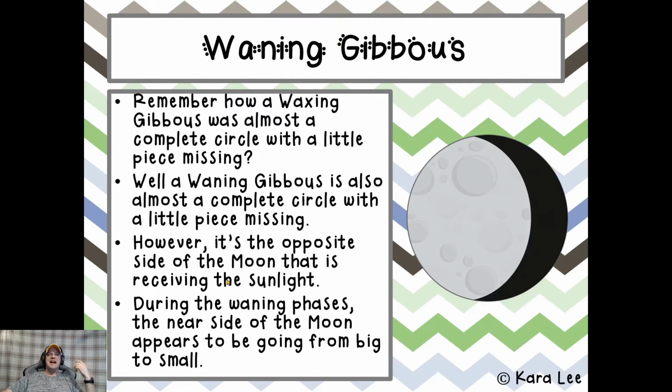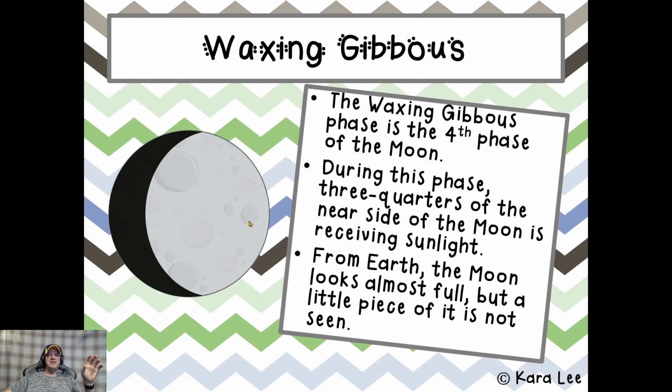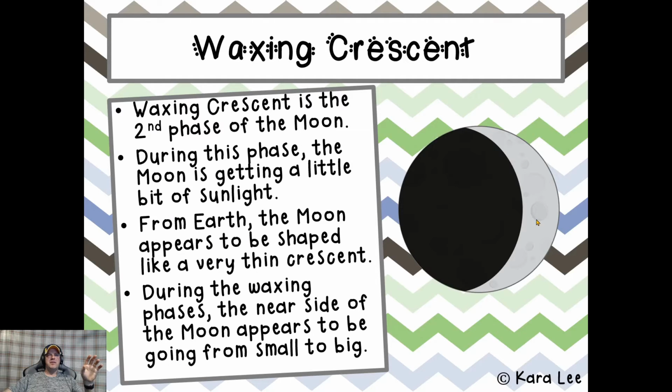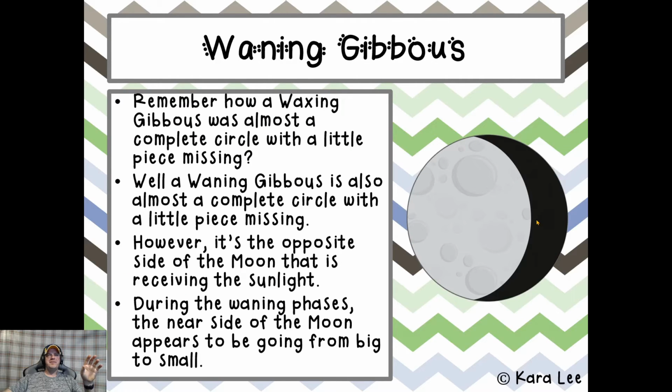However, it's the opposite side of the moon that is receiving the sunlight. Also, when it's waning, you can see the left side of the moon, but you cannot see the right side. So waning always means you can see the left, where waxing, you can always see the right. During the waning phases, the near side of the moon appears to be going from big to small. Waning always means that it's getting smaller.